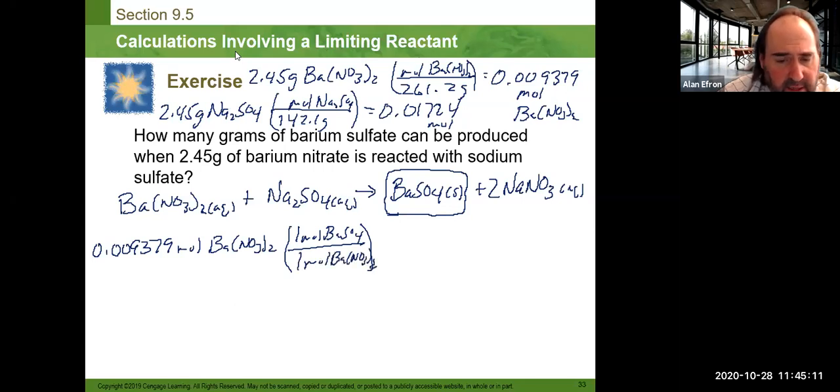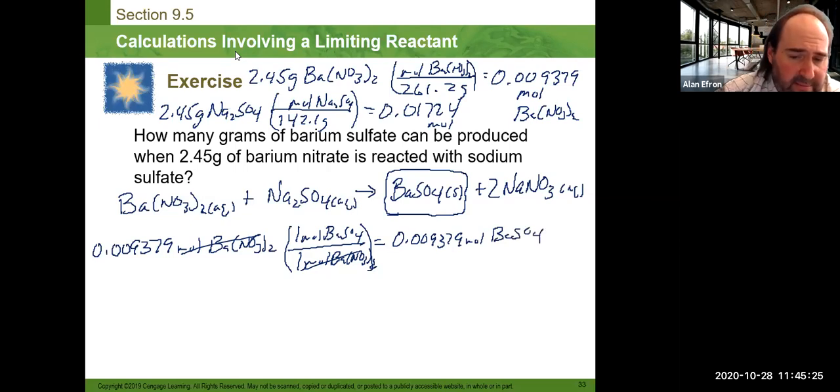And again, that's the stoichiometry part. That's going to cancel out our barium nitrate and leave us 0.009379 moles of barium sulfate. We then want the molar mass of barium sulfate, so that is 137.2 plus 1 sulfur at 32.07 plus 4 oxygens at 16 gives us 233.3.